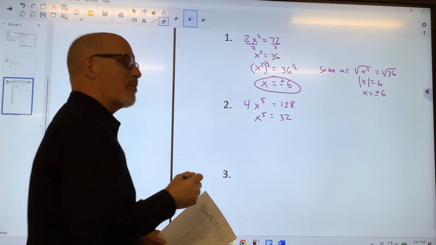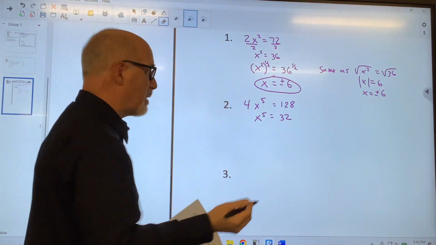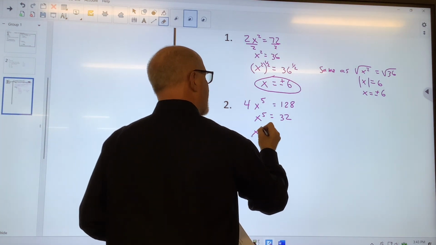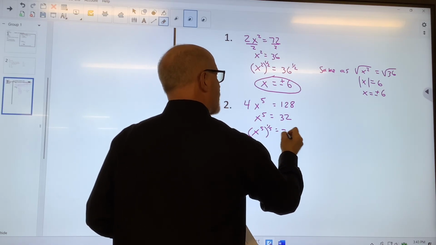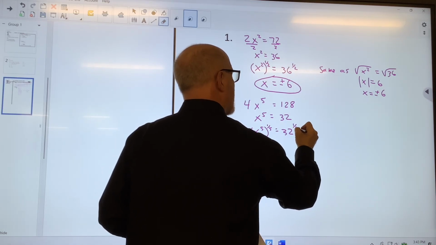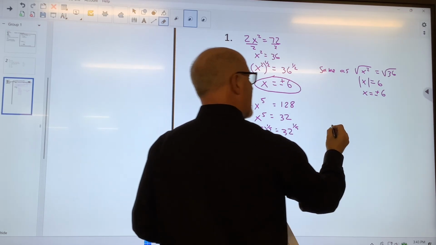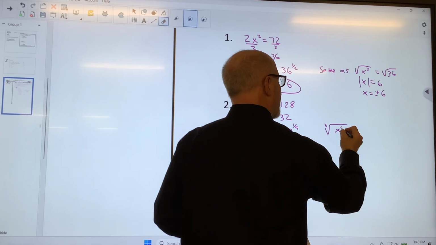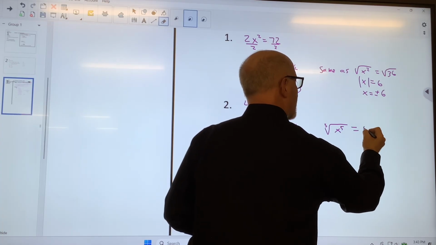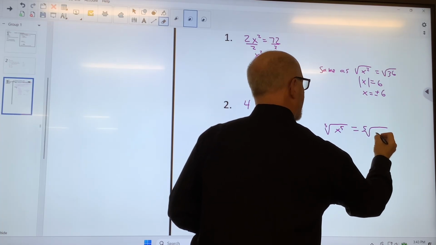And now I want to put both sides to the 1/5 power. So x to the 5th to the 1/5 power equals 32 to the 1/5 power. That's the same thing as doing the 5th root of x to the 5th equals the 5th root of 32.